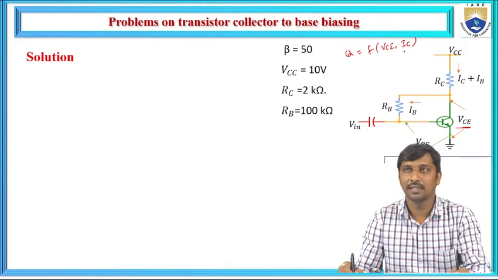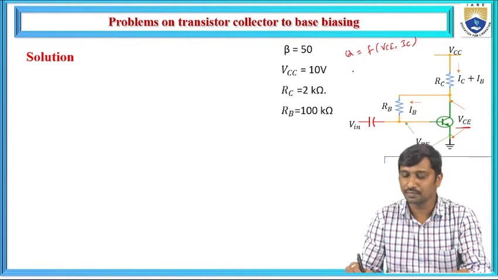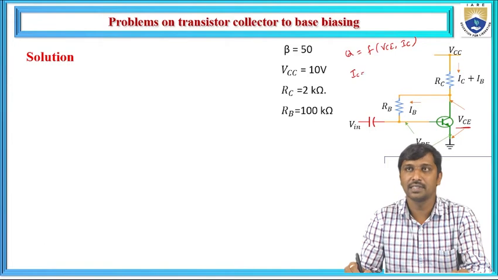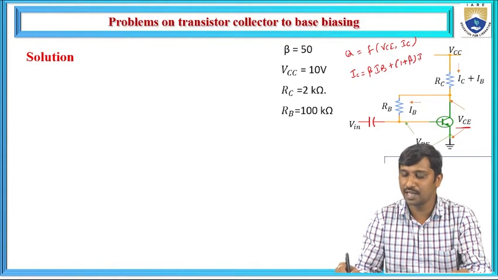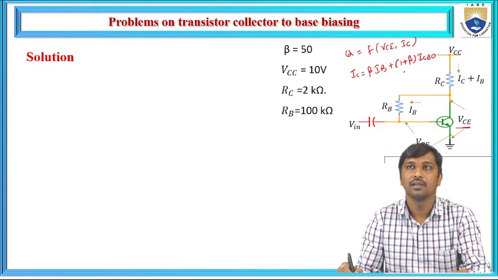To find this collector current, from the common emitter configuration, we know that IC is represented as beta times IB plus 1 plus beta times ICBO, where ICBO is the reverse saturation current when the collector base junction is open circuited.